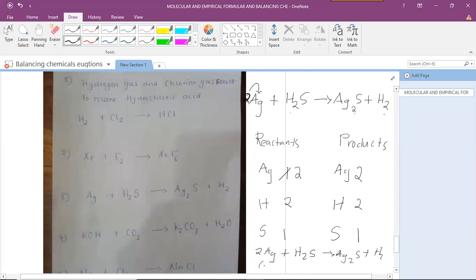So if I were to put theoretical state symbols, silver is a solid. This was probably in an aqueous environment, and hydrogen is a gas, theoretically, but because we don't know what the question says. So let's try to balance question 4.